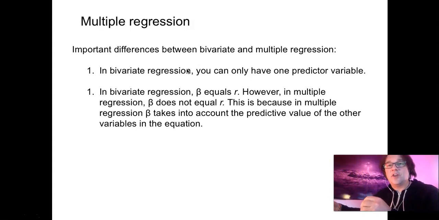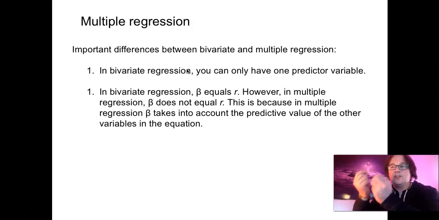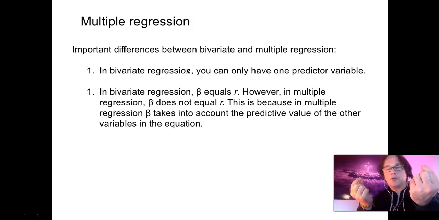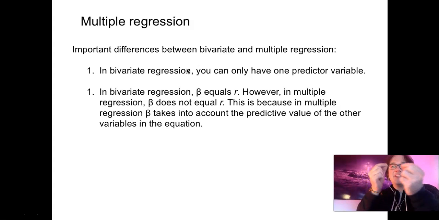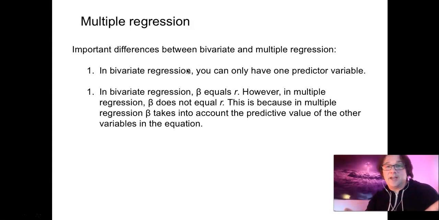But if I throw in another variable, SAT scores and high school GPA, well, high school GPA and your SAT scores are going to be correlated as well, right? And your high school GPA and your college GPA are going to be correlated. So we have to take that correlation into account. Like I said, we let the computer deal with that. We don't deal with it.